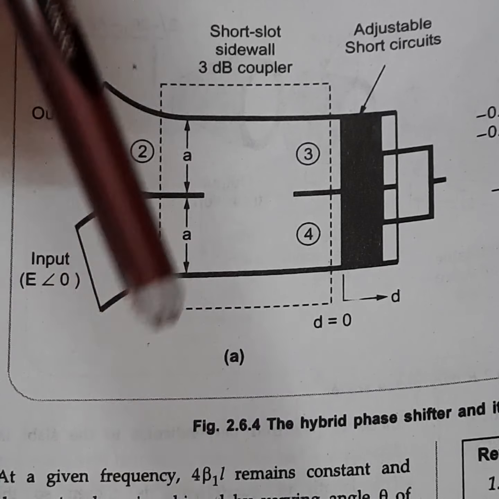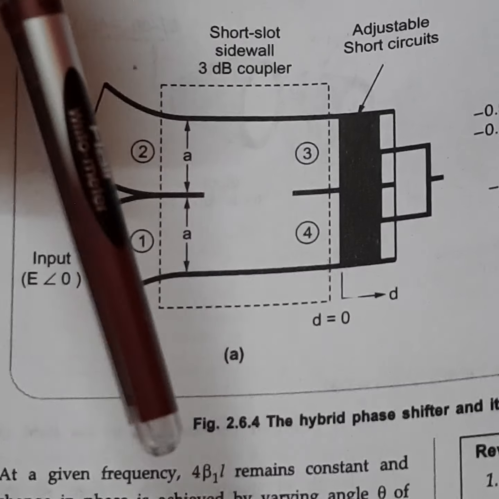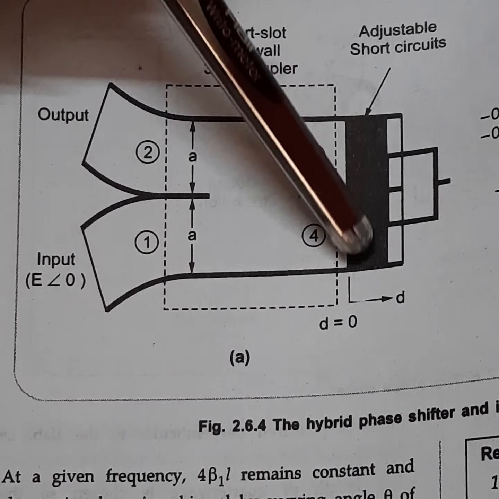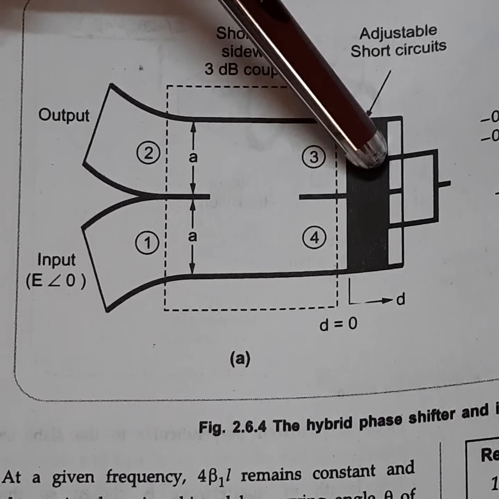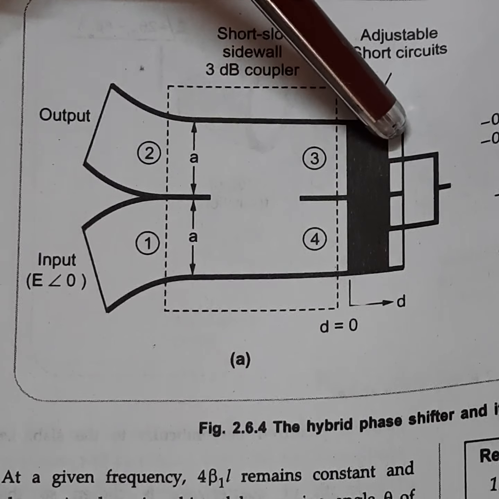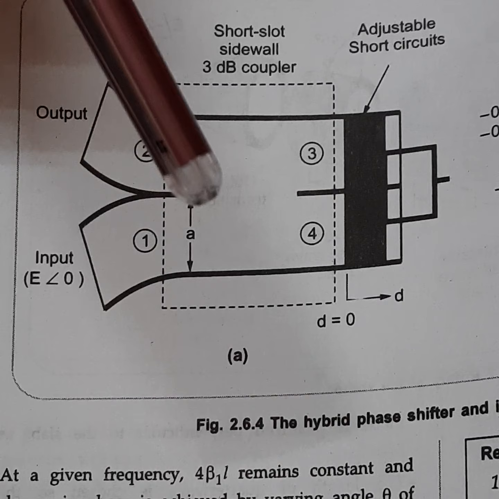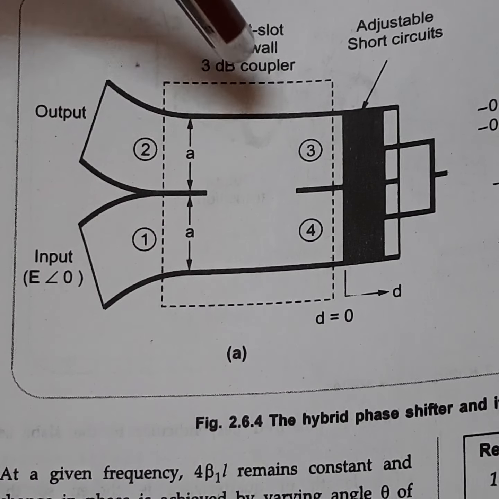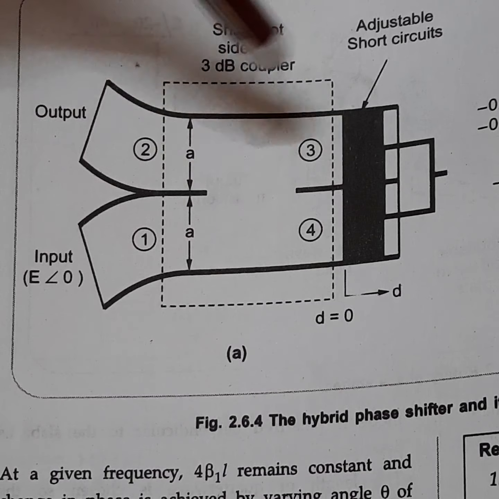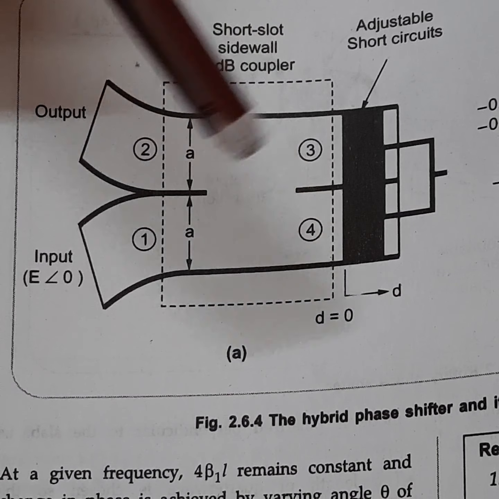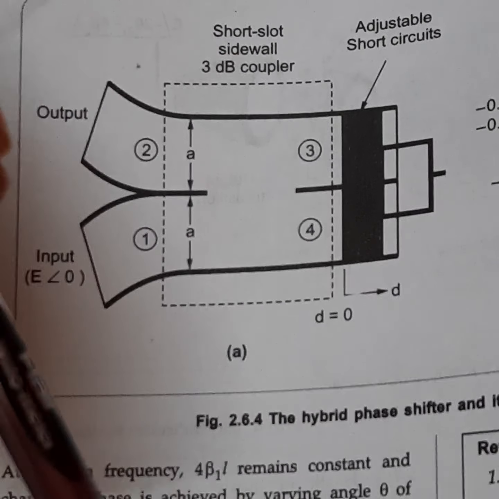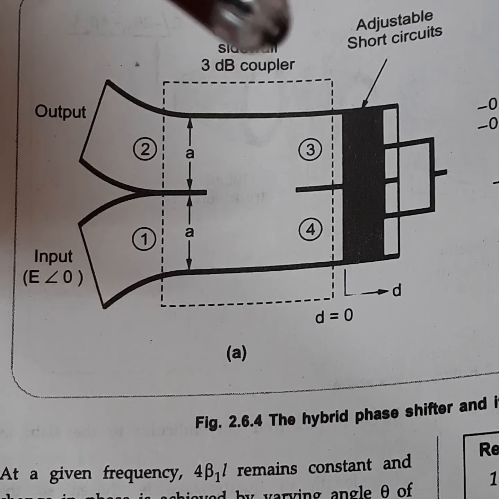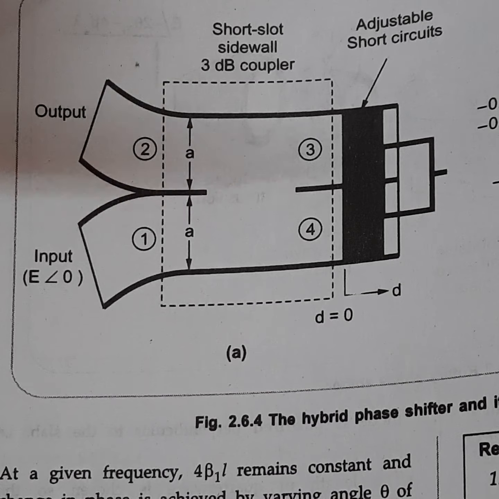So there are two movable short circuits, connected with each other as a single movable unit. It also consists of rectangular waveguides with width A with a common narrow wall. A part of the wall is removed to allow energy coupling between the guides.